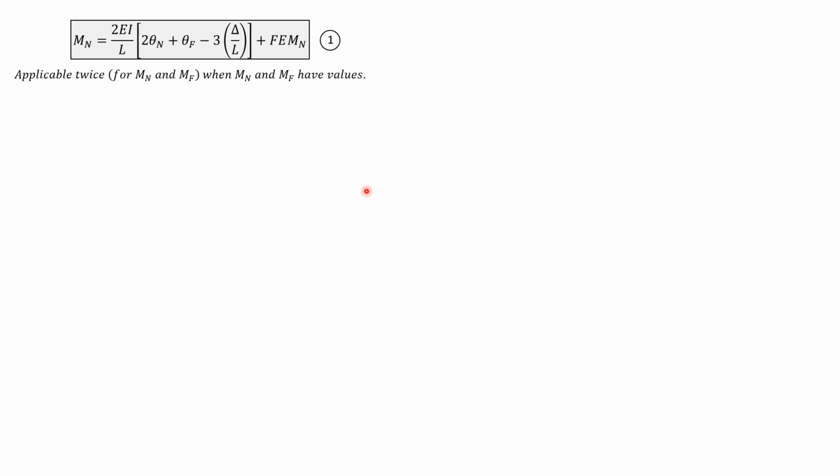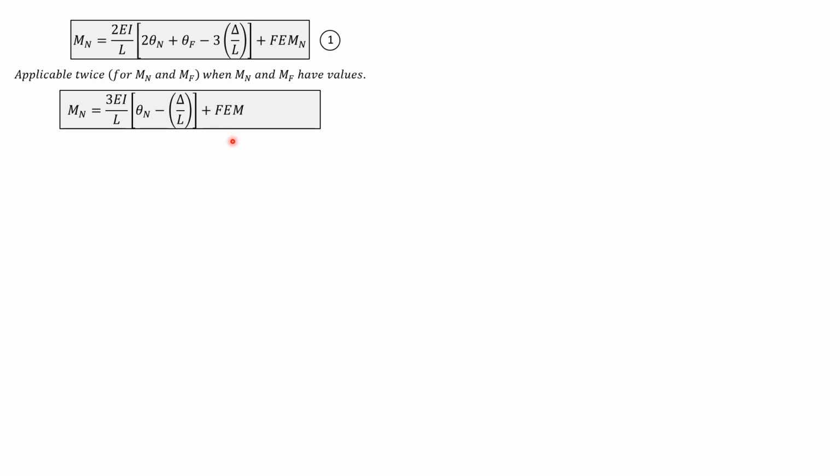But if one of them is 0, then use the other formula. Moment near equals 3EI over L times theta near minus delta over L, plus fixed end moment near minus 1/2 fixed end moment far. So take note that this equation is used when one of the moments, either M_n or M_f, is 0.